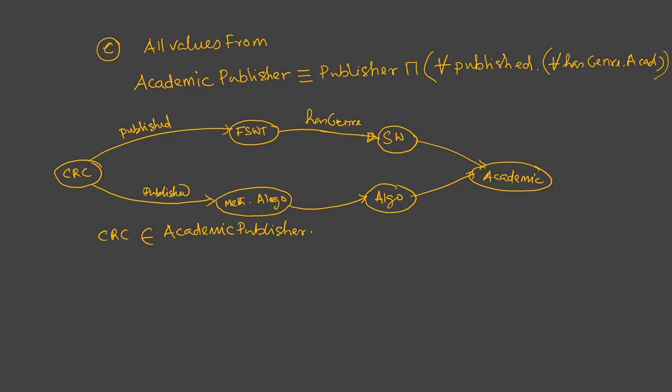So the example that we are trying to put forward, our next case, is some values from. Here we define something like a mixed domain publisher.